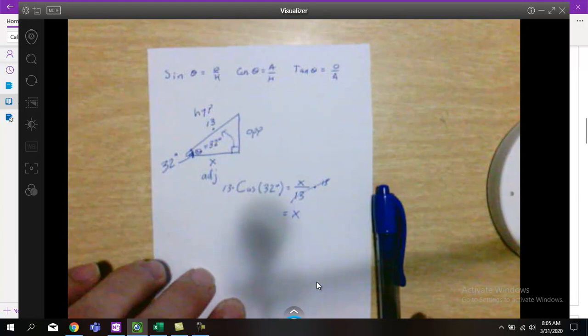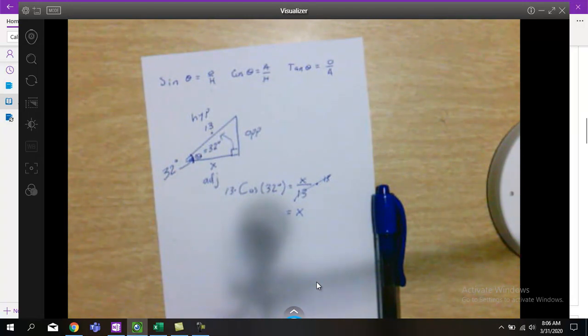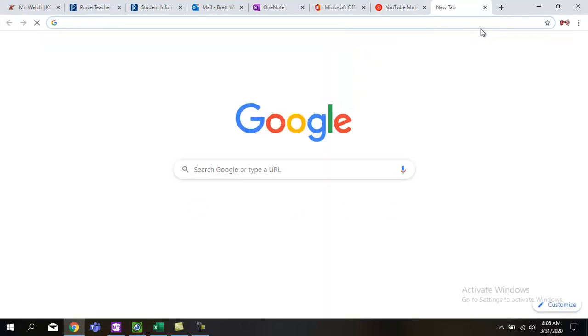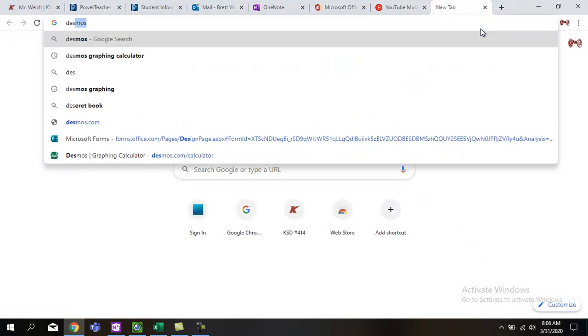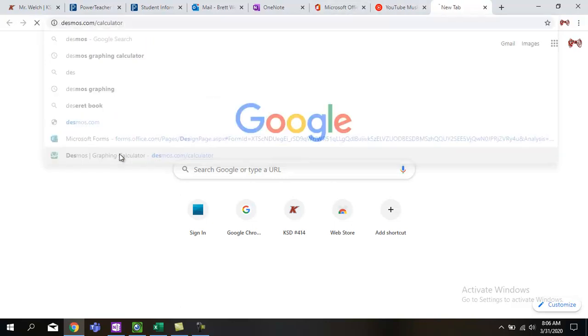Now here's where we run into a little bit of a problem. Depending on what you have at home, maybe you have a scientific calculator that will do trigonometry, maybe you don't. I'm going to show you how to use Desmos so that if you do have a problem, there's an easy, simple way to fix it. We're going to go to our favorite graphing calculator option, the Desmos graphing calculator.